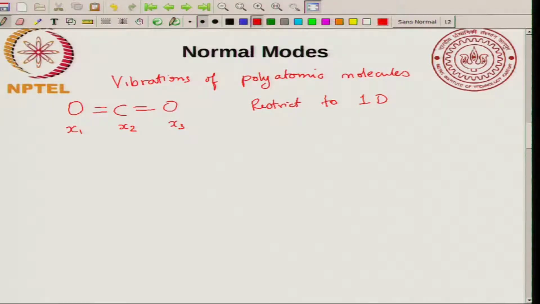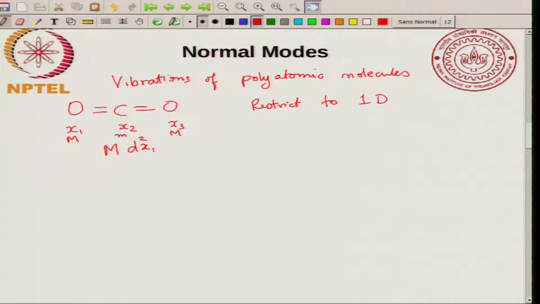Now if you want to express these vibrations, you will write the equations of motion for the first particle. So for the first particle, the equation of motion will be, let me take the mass of this as m, mass of this as little m, mass of this as m.